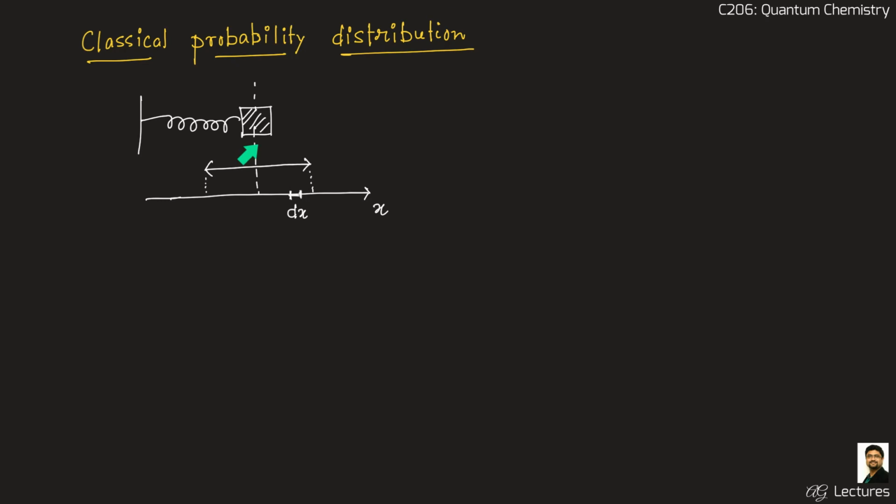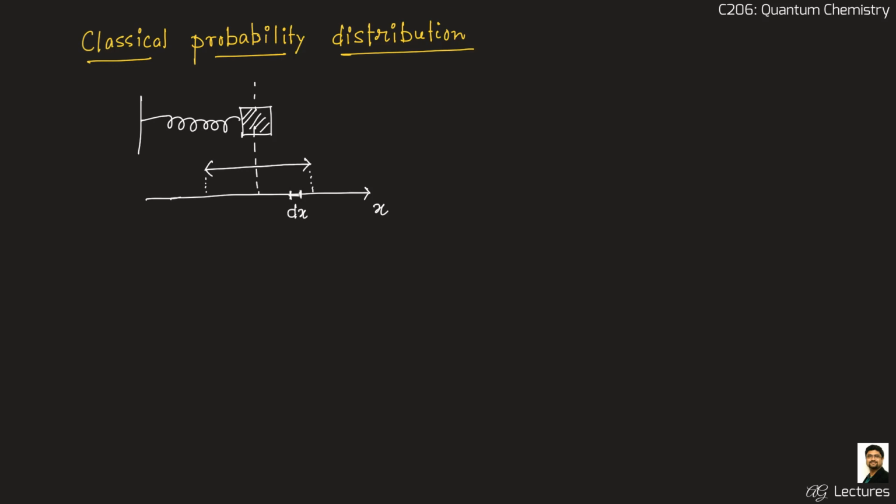So therefore the velocity is maximum there, and then it goes in the opposite direction and slowly slows down, and then it goes to the amplitude position again and stops there and goes back. So the velocity is maximum here and 0 at the two edges. And the probability is inversely proportional to the velocity. More the velocity, less the probability.